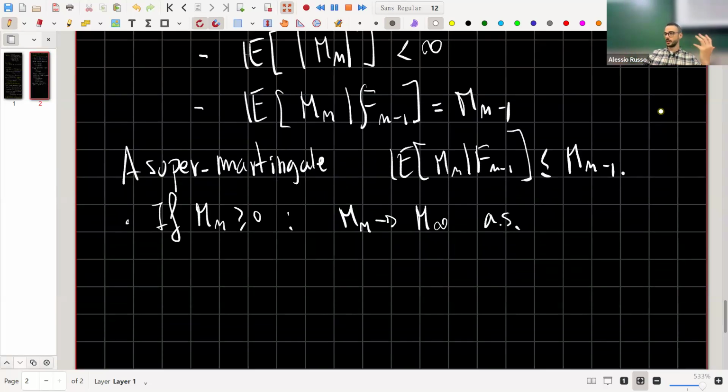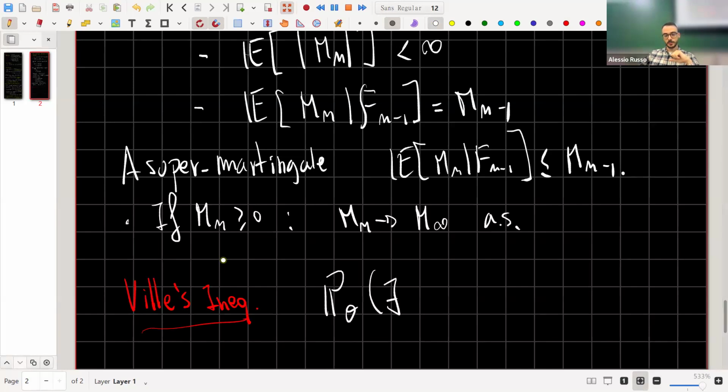And we are going to use this tool called Ville's inequality. Ville's inequality tells us that if M_n is a supermartingale under the null hypothesis, then the probability that there exists a time t such that M_t is bigger than 1 over delta is upper bounded by delta.